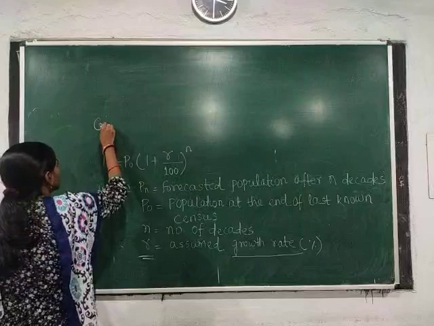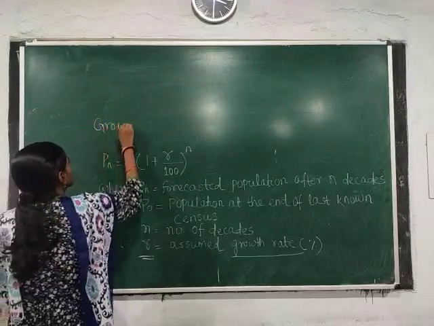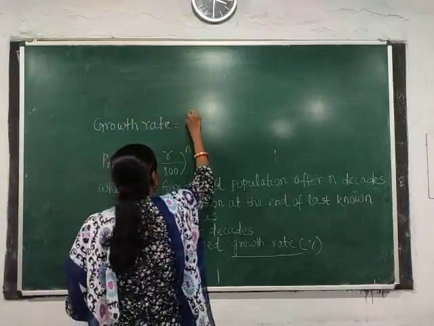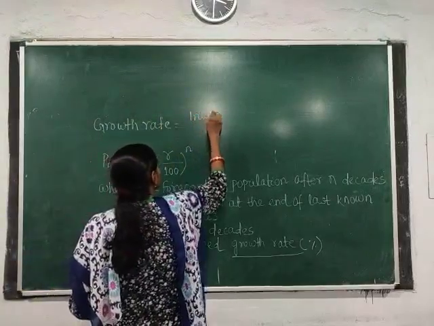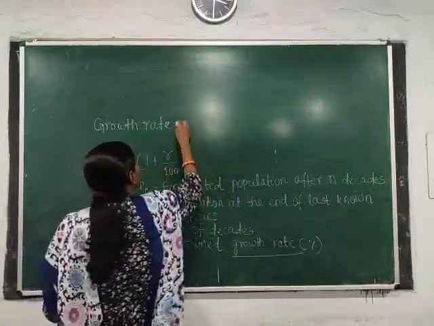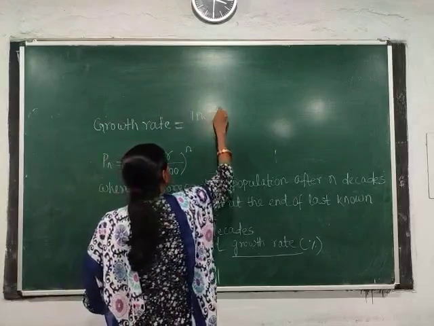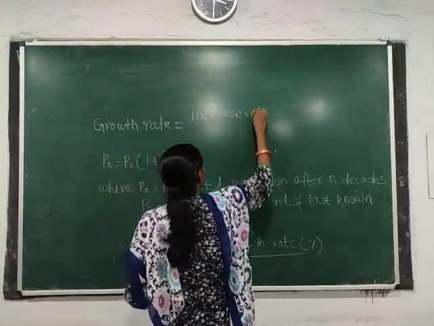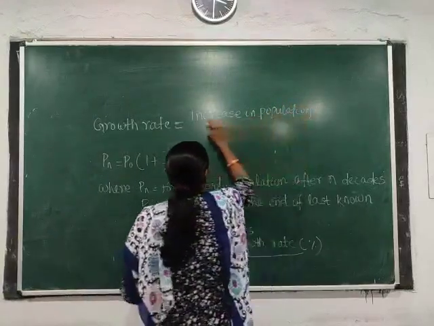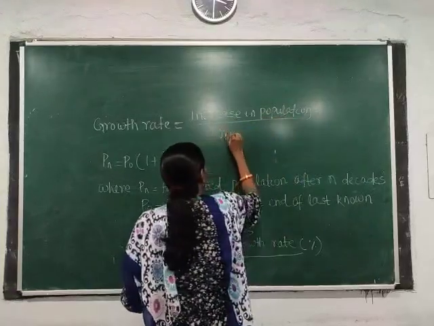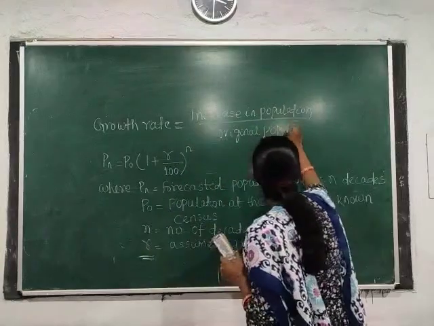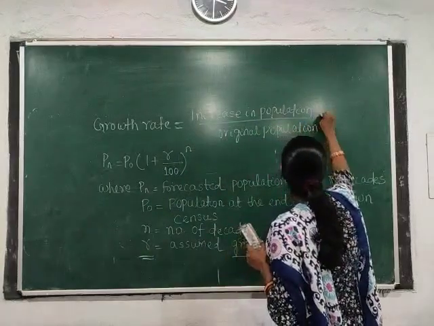This growth rate can be obtained by the formula: increase in population divided by original population, into 100.